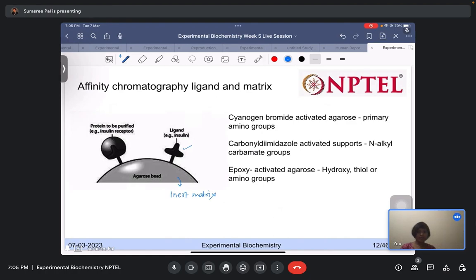These ligands can be molecules which have specific interaction with a molecule which we want to isolate or which we want to separate or purify.